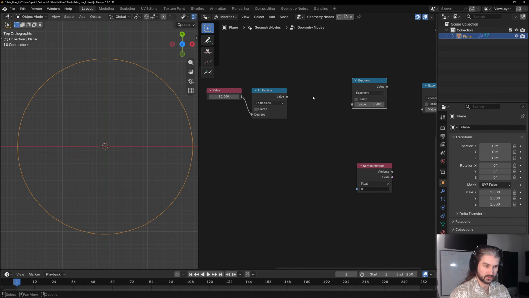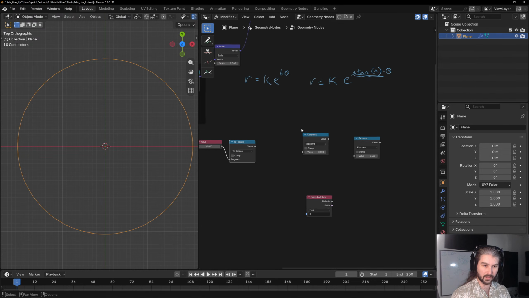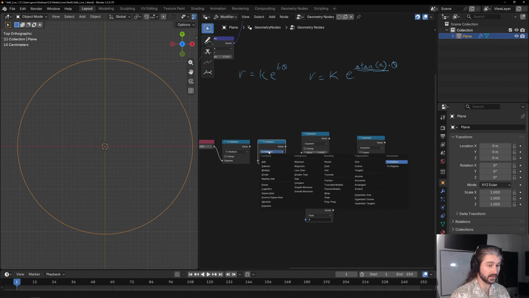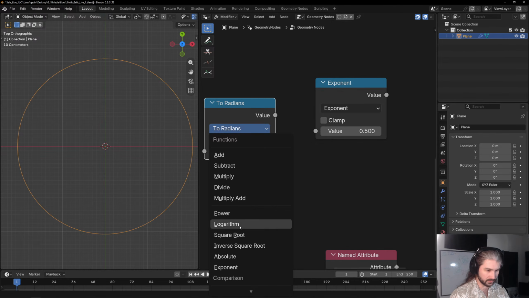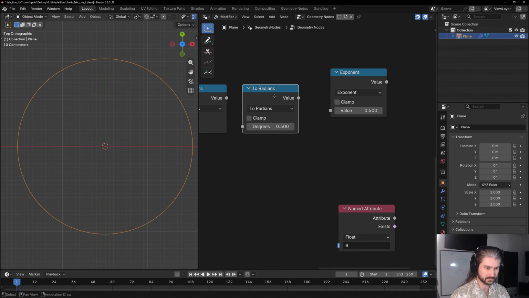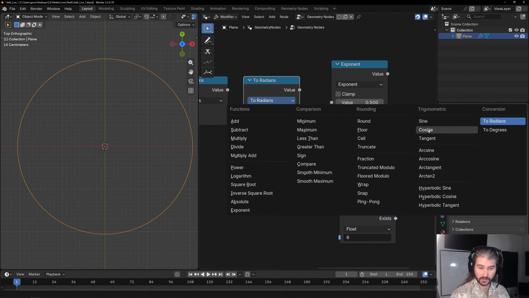Then we're going to plug that into our arctangent, which is not a function that we have. If you take a look here, can I zoom in on that at all? In our trigonometric functions, we have arcsine, arccosine. Did they change that?